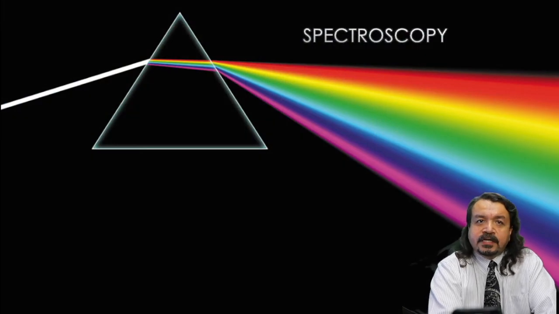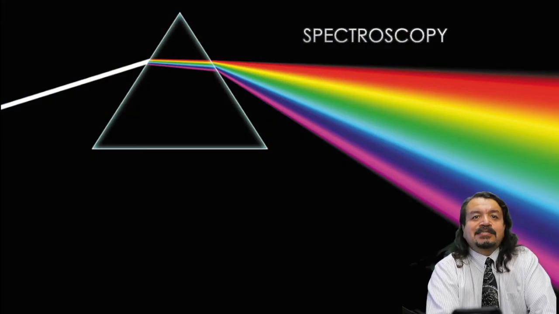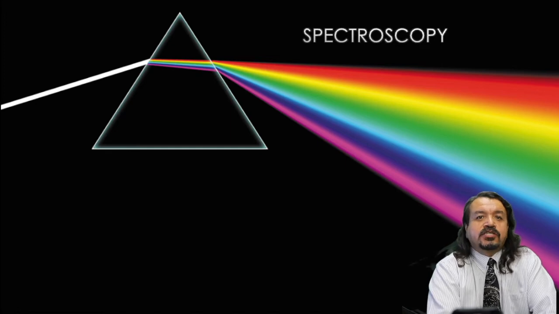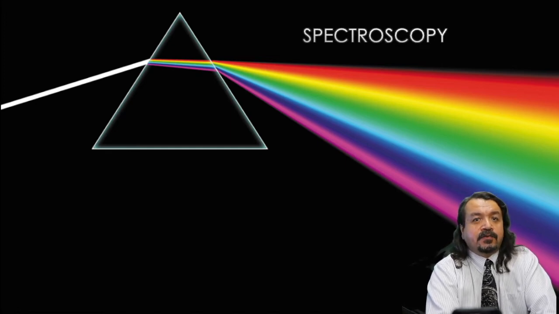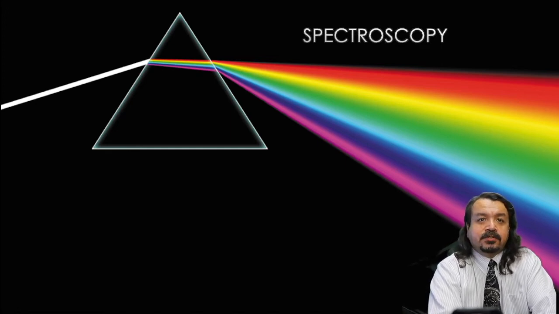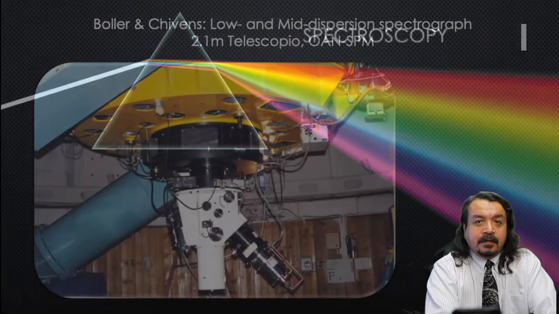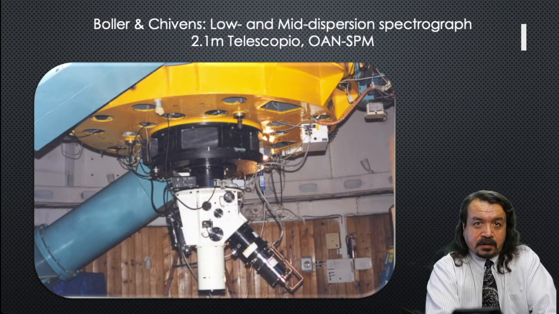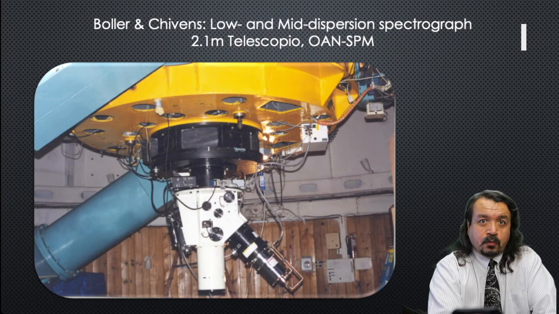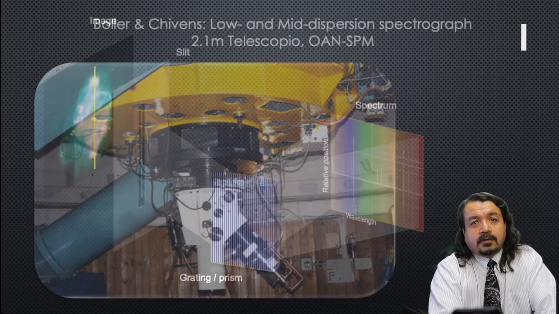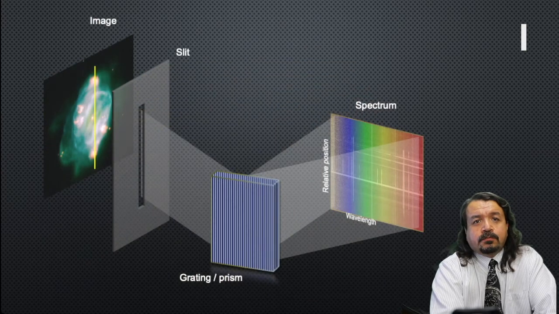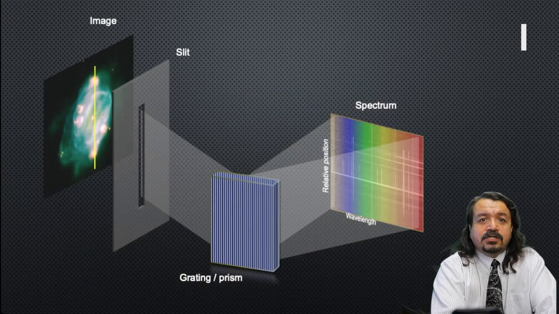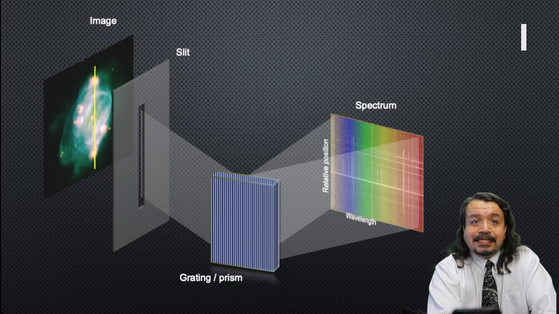One way to obtain physical properties of nebula is spectroscopy, which consists of breaking down the light of the nebula, analyzing its distribution, that is, its spectrum. For example, this is the Boller & Chivens medium and low dispersion spectrograph installed in the 2.1-meter telescope. When we use this instrument, we pass light from a certain region of the nebula through a long slit.